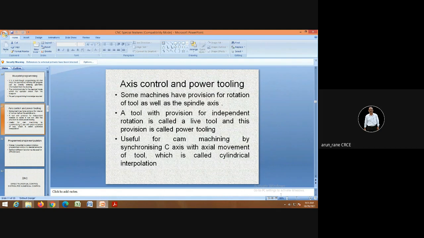But power tooling means the tool also can be rotated, and this is the basis of the turn mill machine. Turn mill. So in a turn mill machine, we use power tooling. That is, you can do drilling, you can do milling. If you want to do drilling or milling, then you need to rotate the drill or the end mill. This is what is called power tooling.